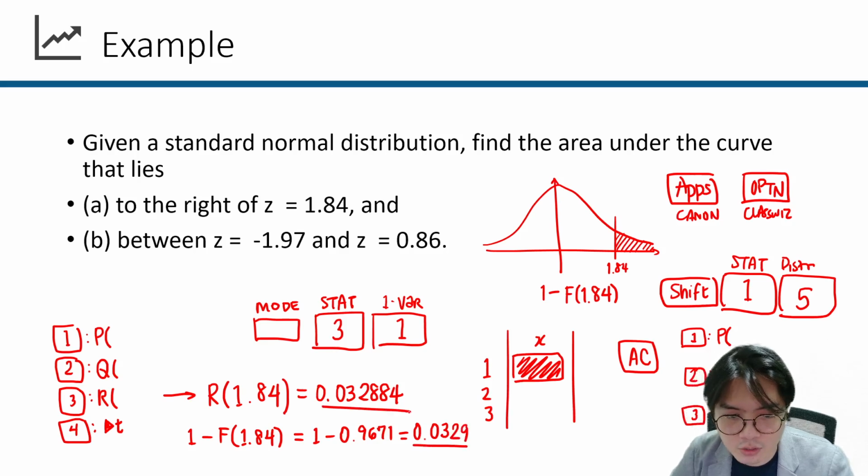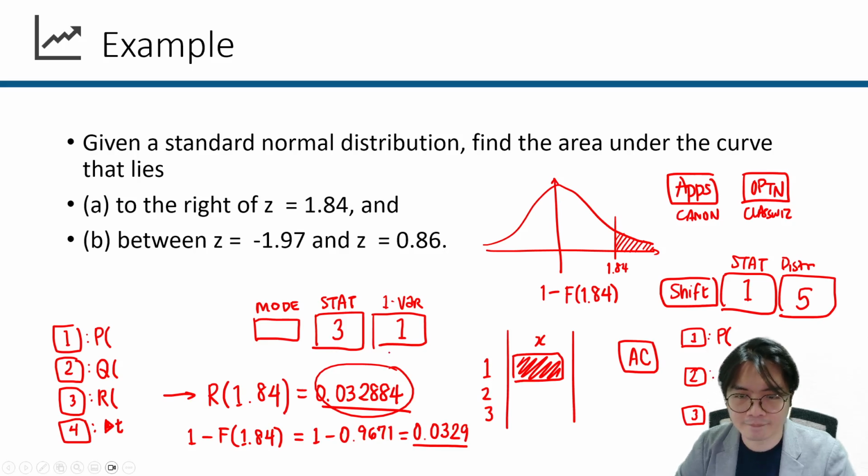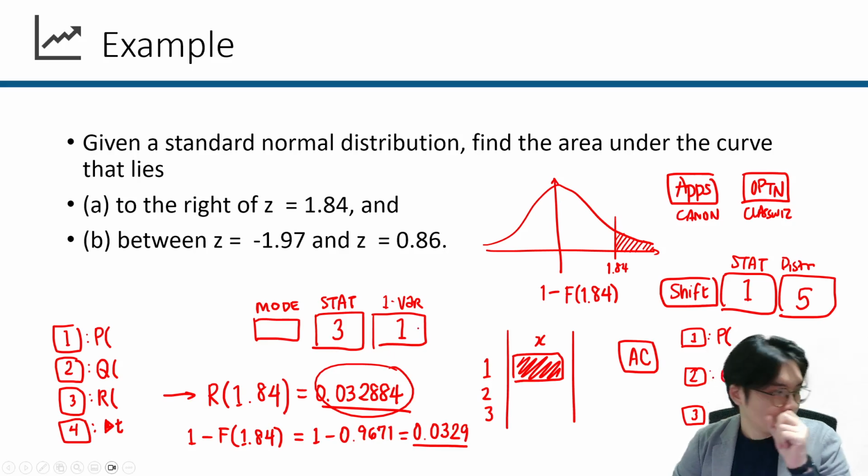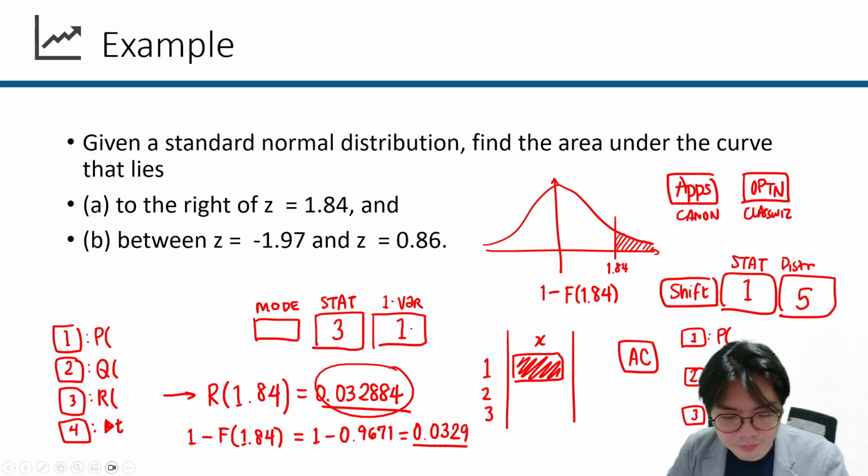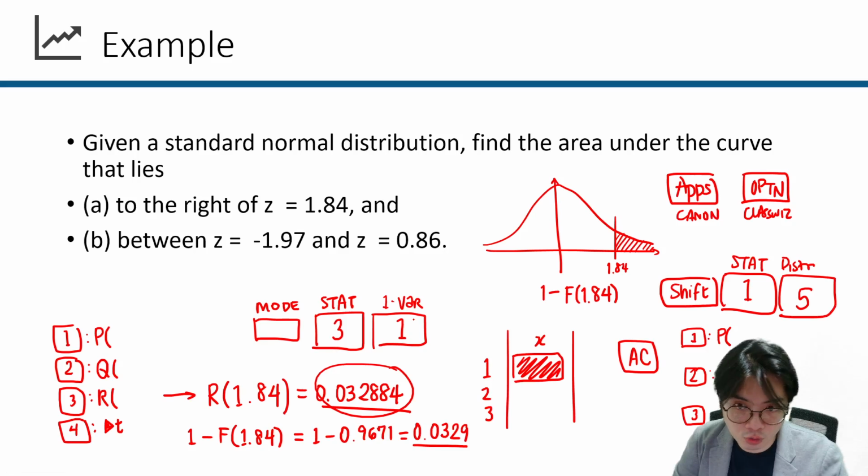That is your value. You can see that they're the same, but this is even more accurate. Very interesting. Okay. Excuse me. Right? So that's how you're supposed to do it.